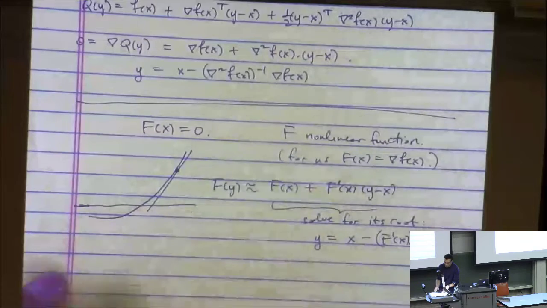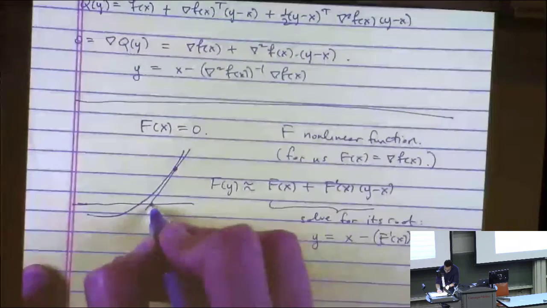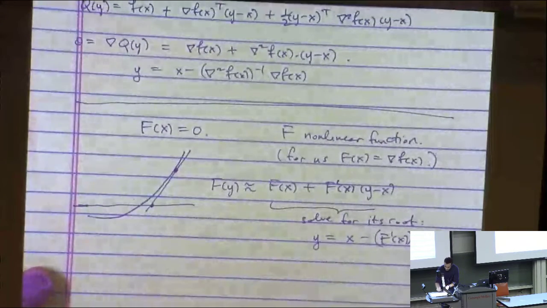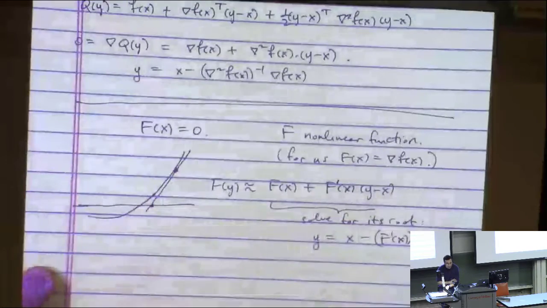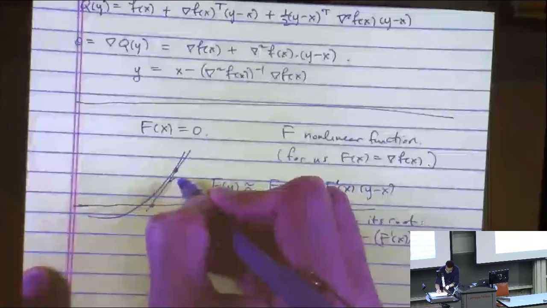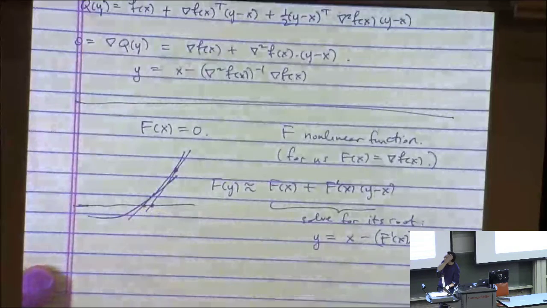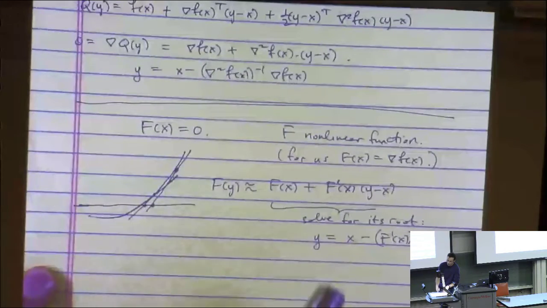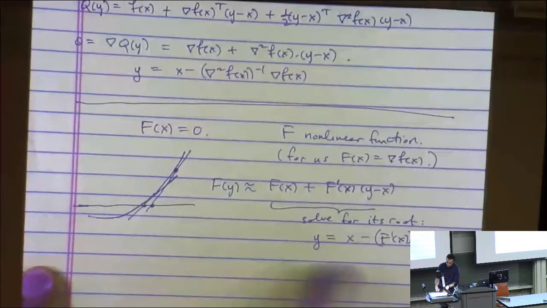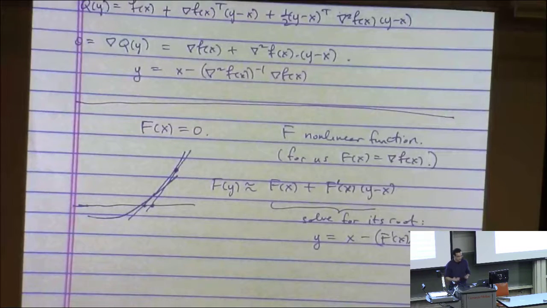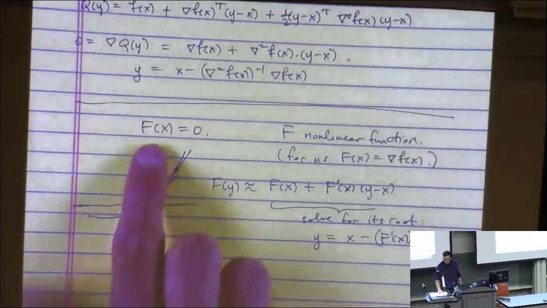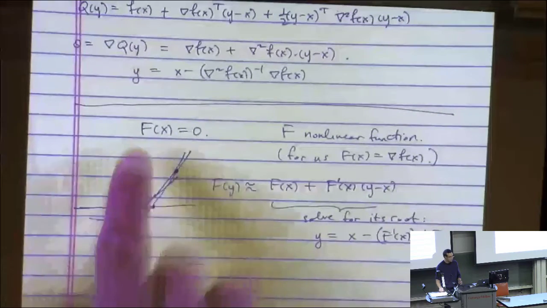This is just a linear function set equal to 0. So it brings me to some point here, which is y. And then I repeat the same idea. I take a linear approximation of my function, and I set it equal to 0, and already I'm very close to the root. So it's just these iterations repeated. That's Newton's method for finding the root of a nonlinear system of equations.